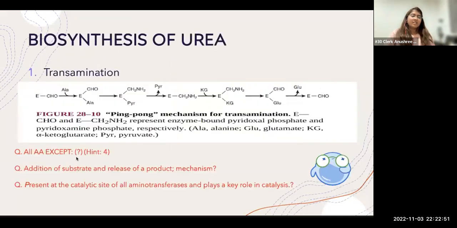Okay, so I want someone to tell all the amino acids, there are 4 amino acids mentioned in your Harper's. It's a very potential MCQ, guys. Anything that is 4 can be an MCQ. Anyone who can give me the 4 amino acids mentioned in your book that do not undergo transamination?